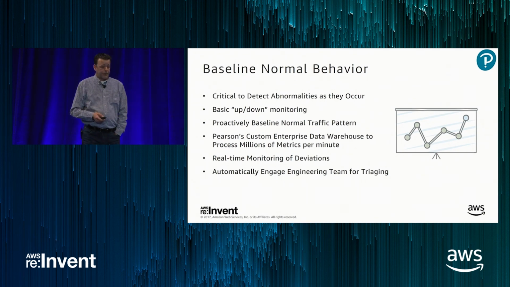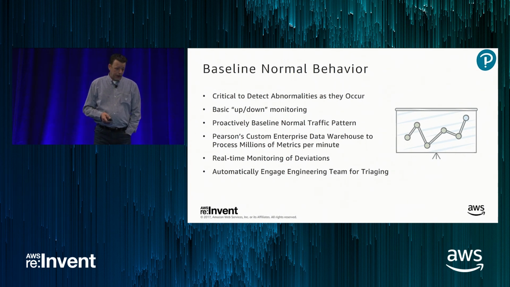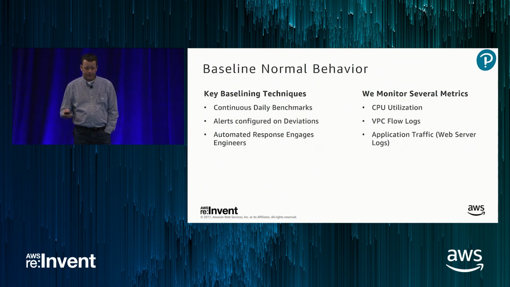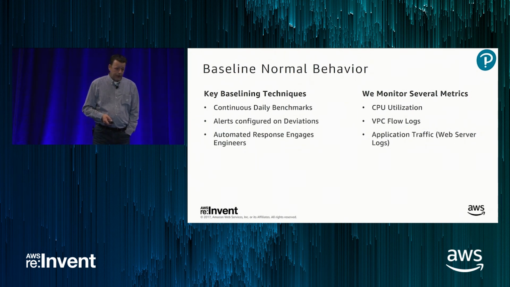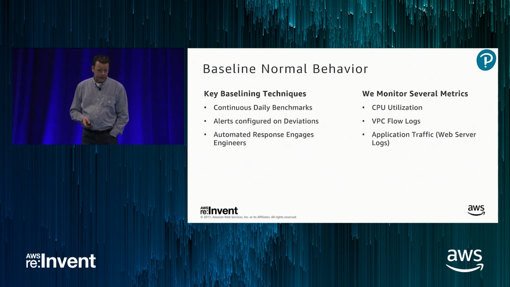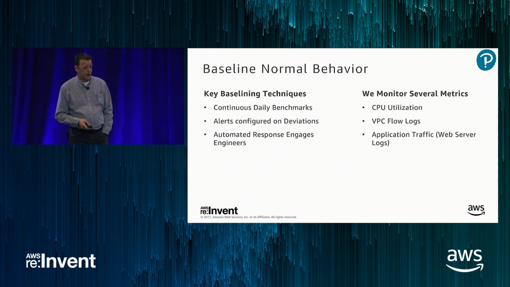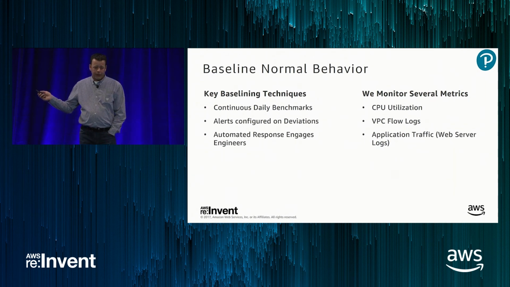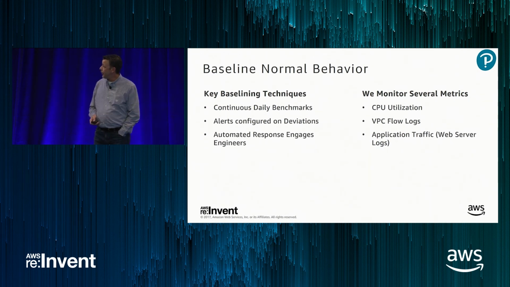We mine data from a number of different sources, do real-time monitoring of deviations, and have a pretty good engineering organization engaged for any triaging. The baselining techniques we use are daily benchmarks, alerts configured on deviations, automated response, and engaged engineers. A few of the metrics we monitor are CPU utilization, flow logs, application traffic, web server logs, and so forth.